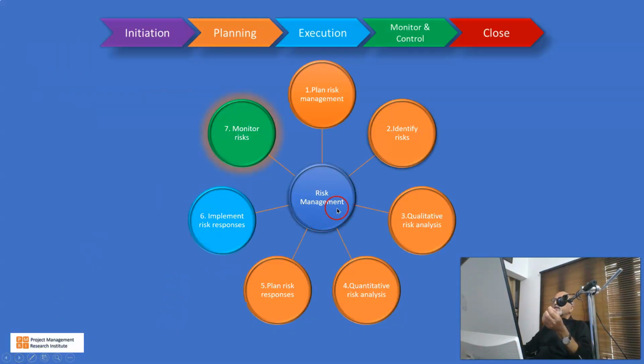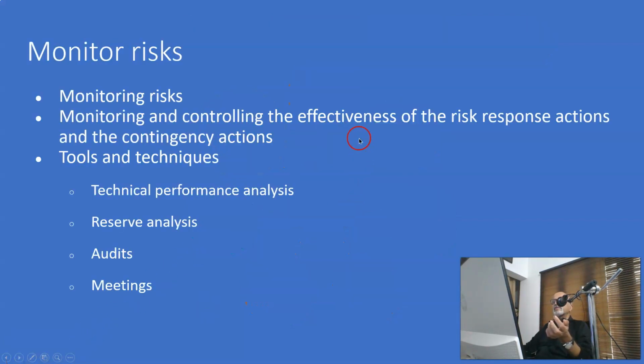And then it is about monitoring and controlling the risk. That is part of the monitoring and controlling phase of the project. For monitoring, monitor risk, monitoring and controlling the effectiveness.